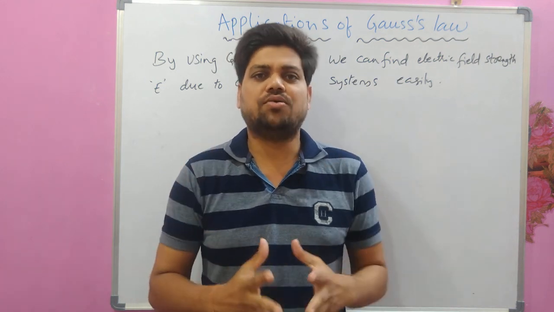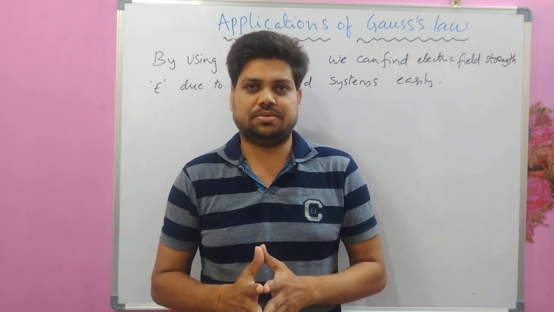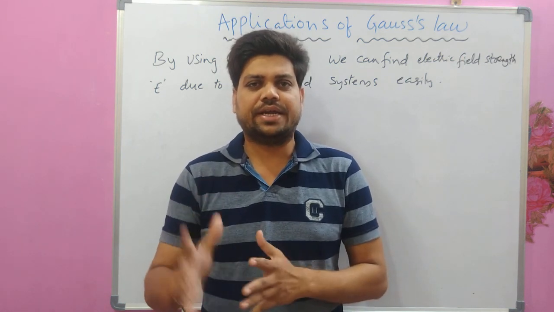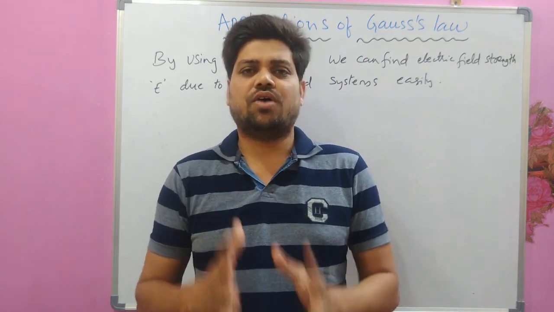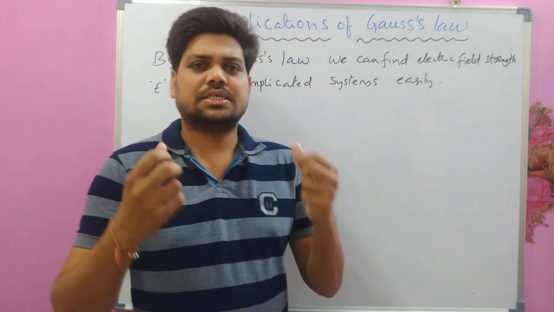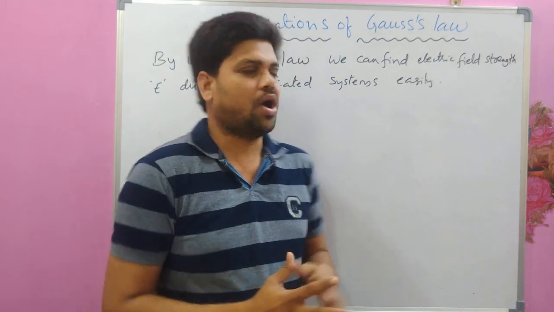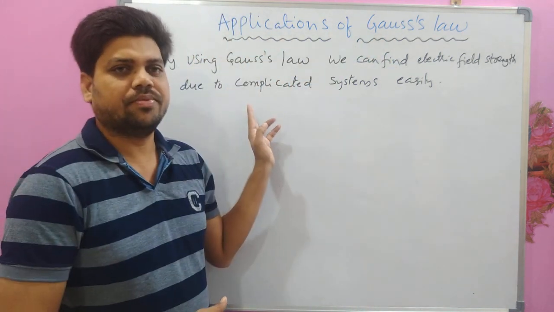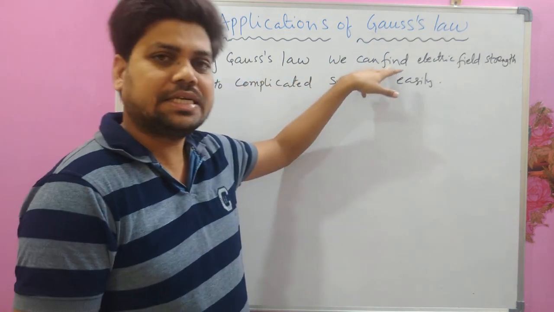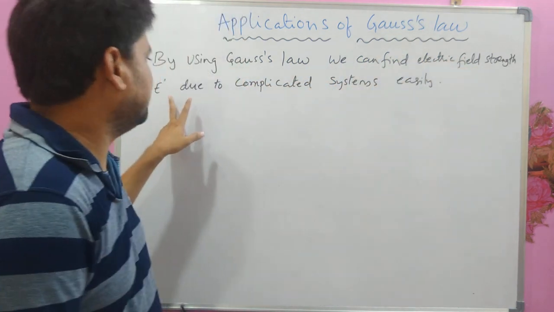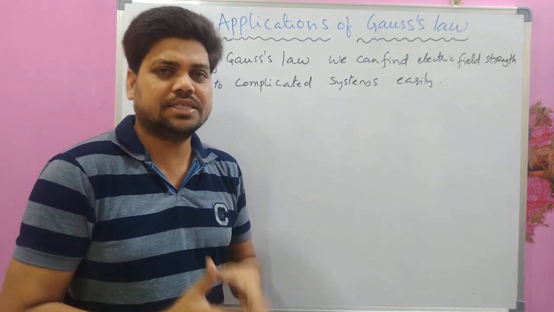Then how it is used easily even for complicated systems for finding electric field, that we will discuss one after the other by taking some examples. So applications of Gauss law: by using Gauss law we can find electric field strength, that is E, due to complicated systems very easily.